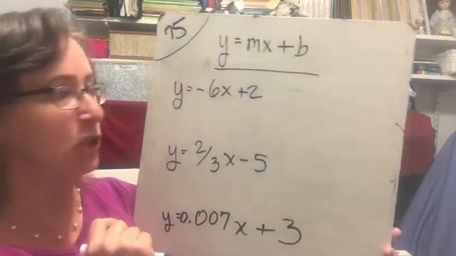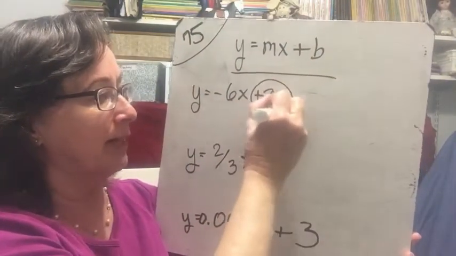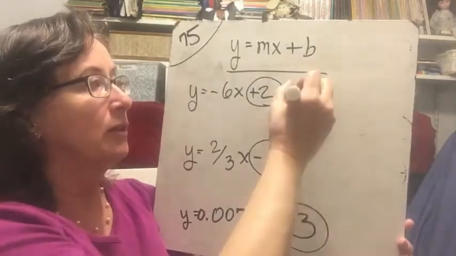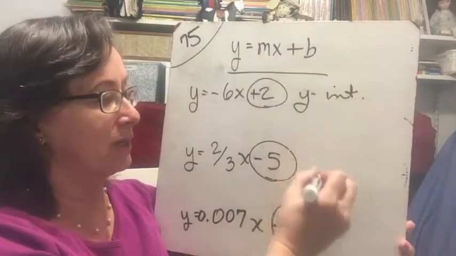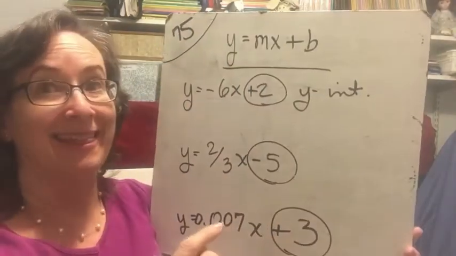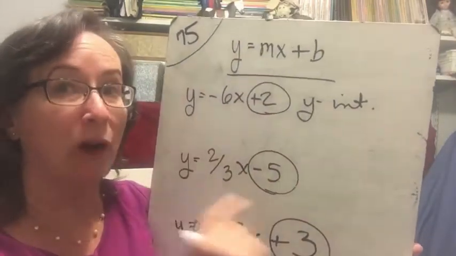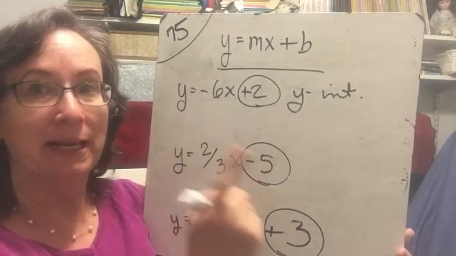Now, let's just examine this for a little bit. This number over here that does not have the x in it is called the Y-intercept. And it's called the Y-intercept because that's where your graph of this line is going to cross the y-axis, at that number. Now, why does that happen?